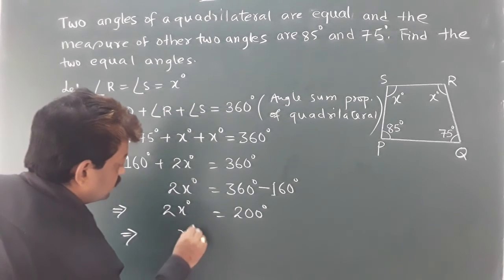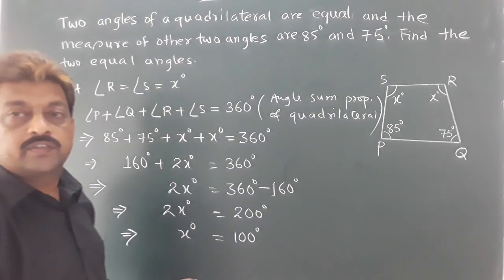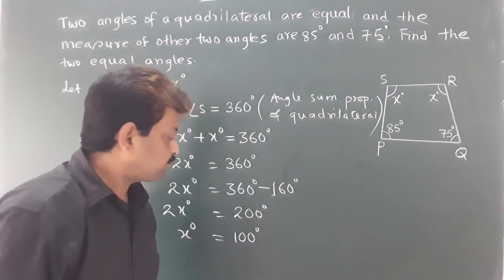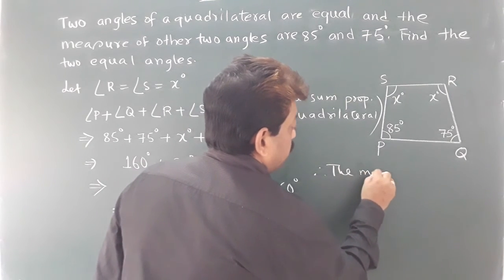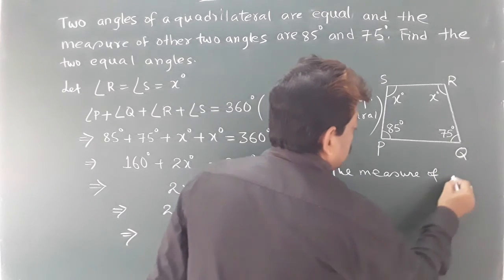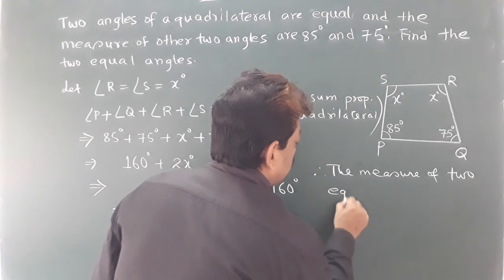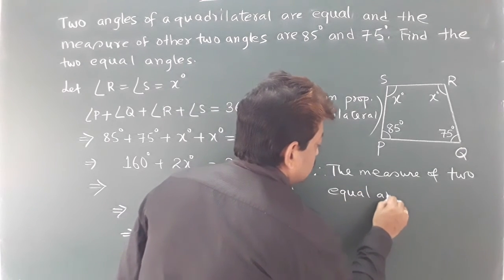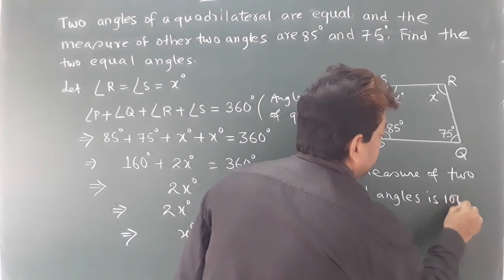Therefore, X degrees equals 100 degrees, or we can say X equals 100. Okay. So therefore, the measure of the two equal angles is 100 degrees each.